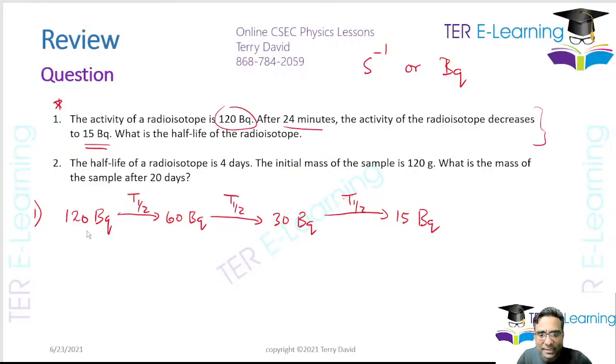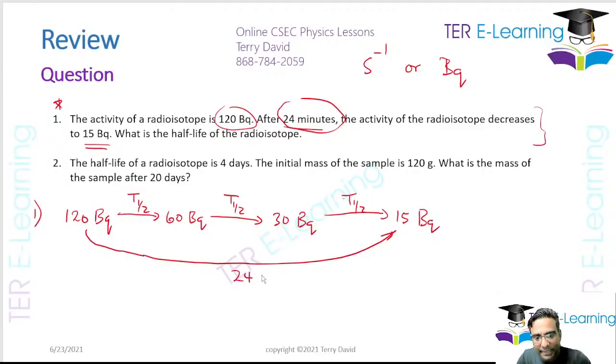Now, watch what's happening here. The question says that I am going from 120 to 15 becquerels, and the time taken for me to do that is 24 minutes. So this here is a total time of 24 minutes, right? Now if you look at this diagram, I've actually gone through 3 half-lives. So 3 multiplied by my half-life is equal to 24.